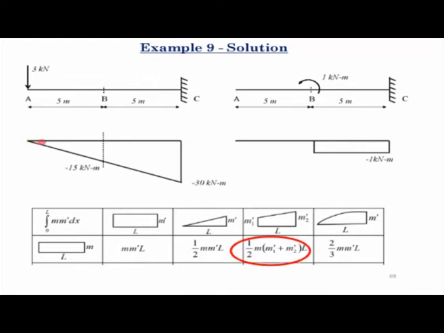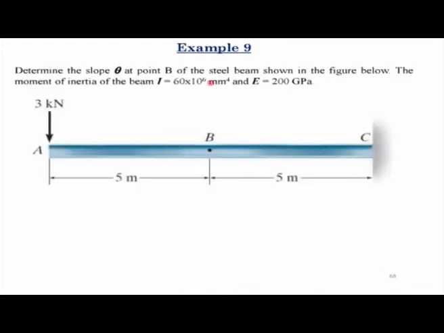So this is the actual load, which is 3 kilonewtons acting downwards, and the moment diagram of that beam under the applied load is shown here. If you apply a unit virtual moment at this point B, the moment diagram of that beam is here, where it will have a moment of -1 kilonewton meter over only half span of the beam.